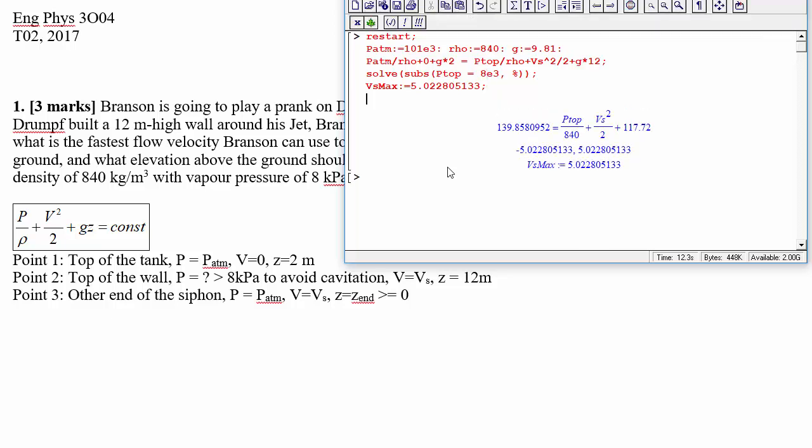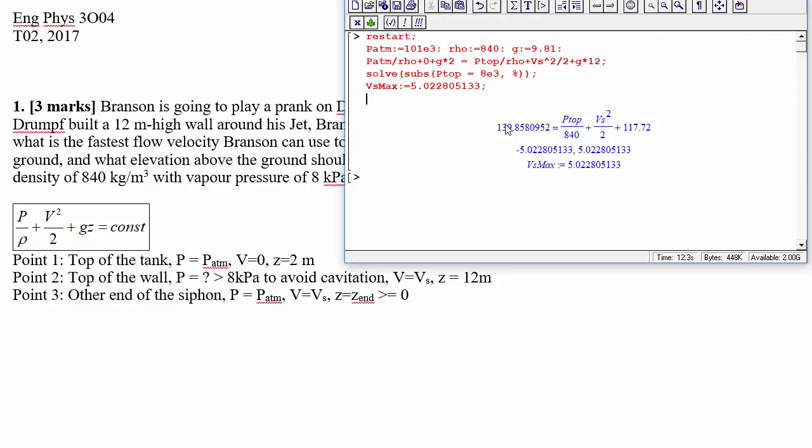Now, do we actually get cavitation? Well, we're going to use another Bernoulli equation for this. We're going to equate the starting condition at the top of the tank to the other end of the siphon. Comparing those two, we've got the same pressure on each side, so that's going to cancel.